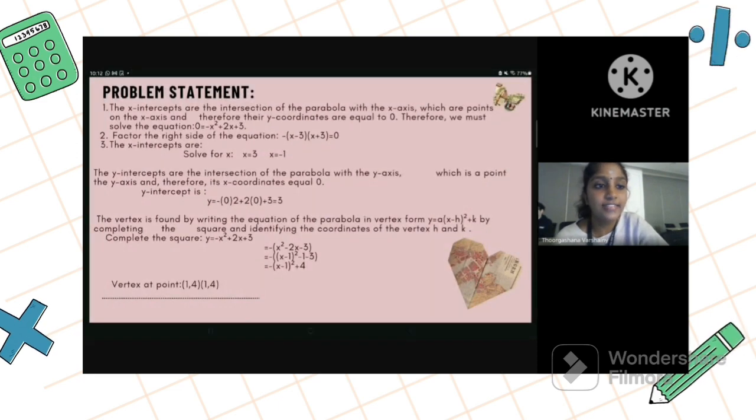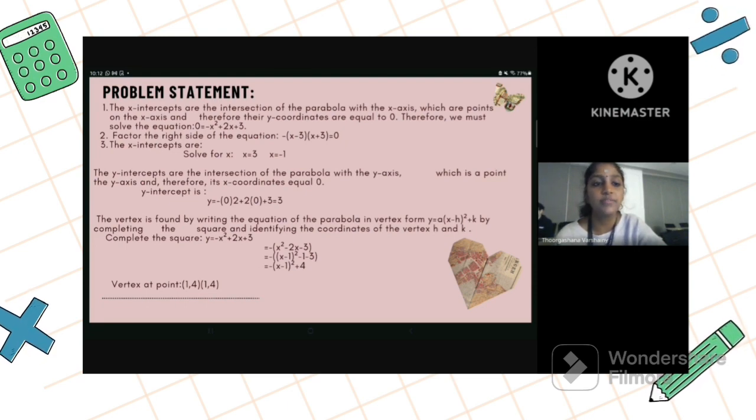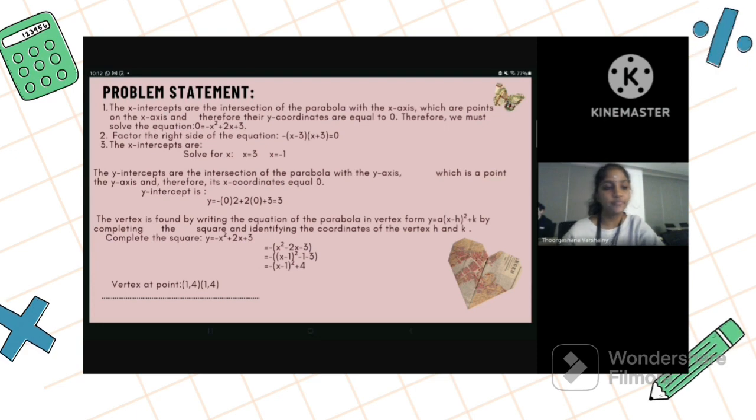First, the x-intercepts are the intersection of the parabola with the x-axis, which are points on the x-axis, and therefore their y-coordinate is equal to 0. Therefore, we must solve the equation 0 equals negative x squared plus 2x plus 3. Second, we have to factor both sides. Third, we solve for the x-intercepts, where x equals 3 and x equals negative 1.